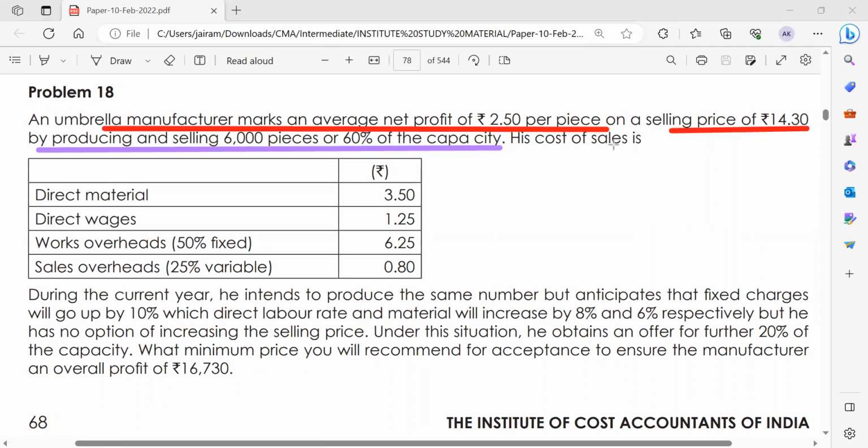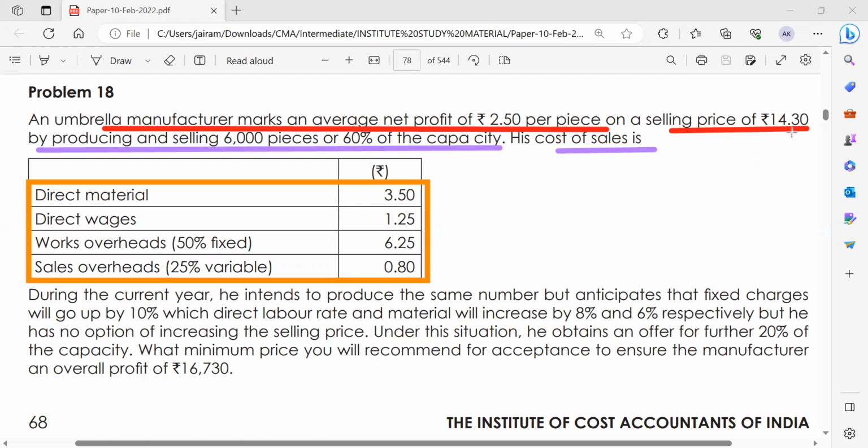Cost of sales consists of material, wages, works overheads and sales overheads. These are your variable and fixed cost per unit. Now, if you take this selling price 14.3 and deduct profit 2.5, 2.5 being the net profit, you get the total of variable and fixed per unit.